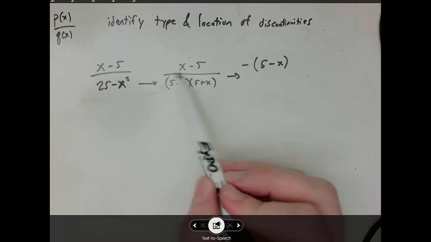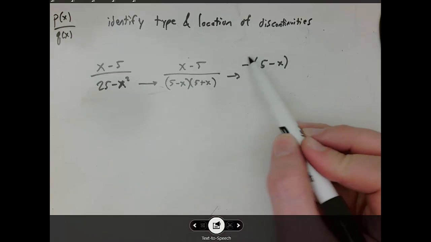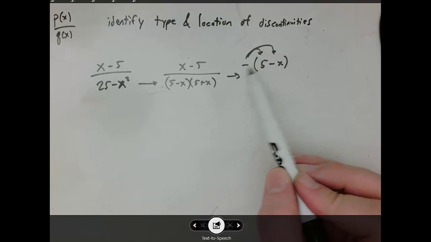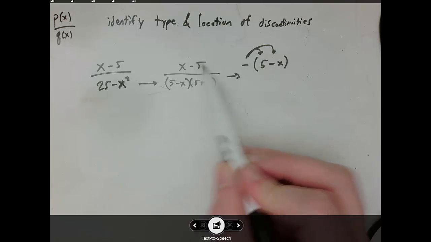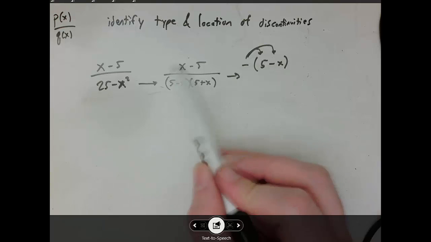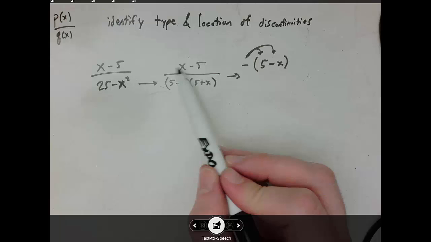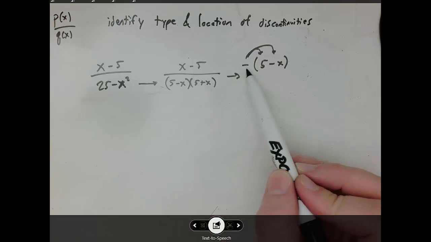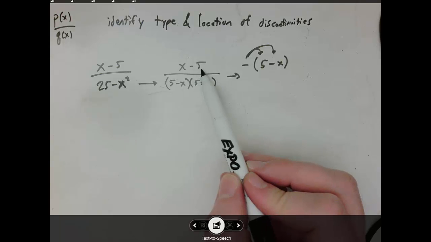So see what I did? You could think about it this way. If I was to multiply this back in, the negative would apply to the 5, giving me my negative 5 here. And the negative would apply to the negative x, giving me positive x. So it's sort of like I took a negative sign out of each of these to the outside. So each of these flipped signs.